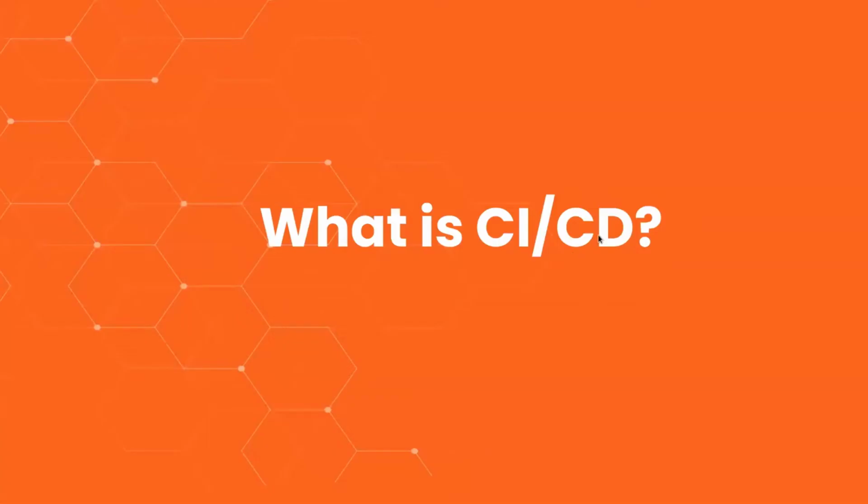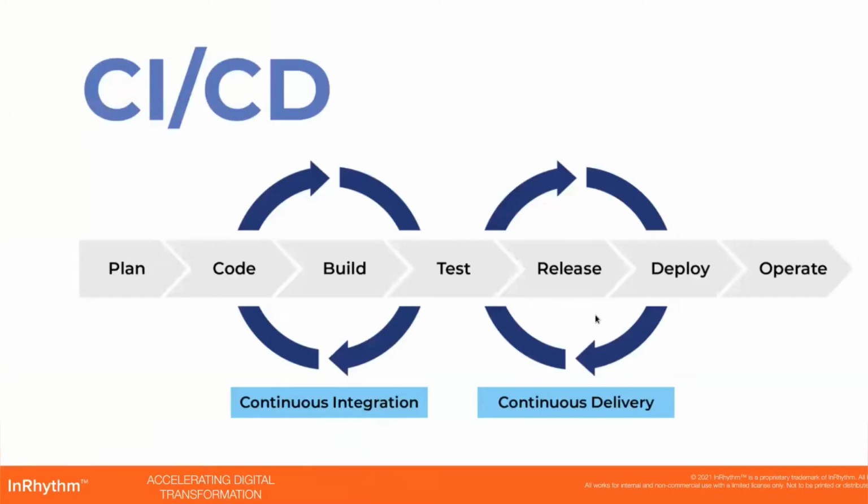So first, let's talk about what is CI/CD. I'm going to assume for the sake of this talk that we're all familiar with continuous integration and continuous deployment, but I do want to break this down. We've got continuous integration, continuous delivery, and then after that, continuous deployment.